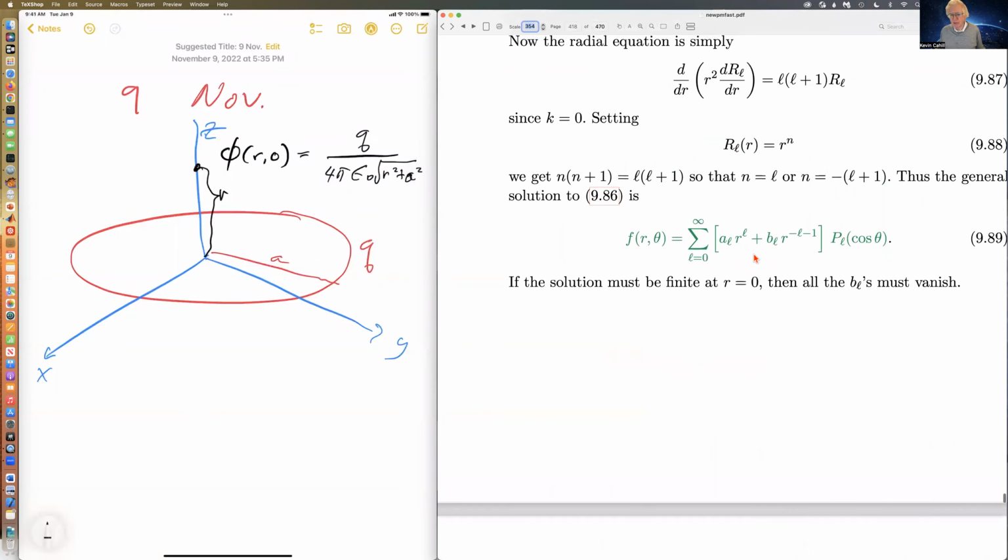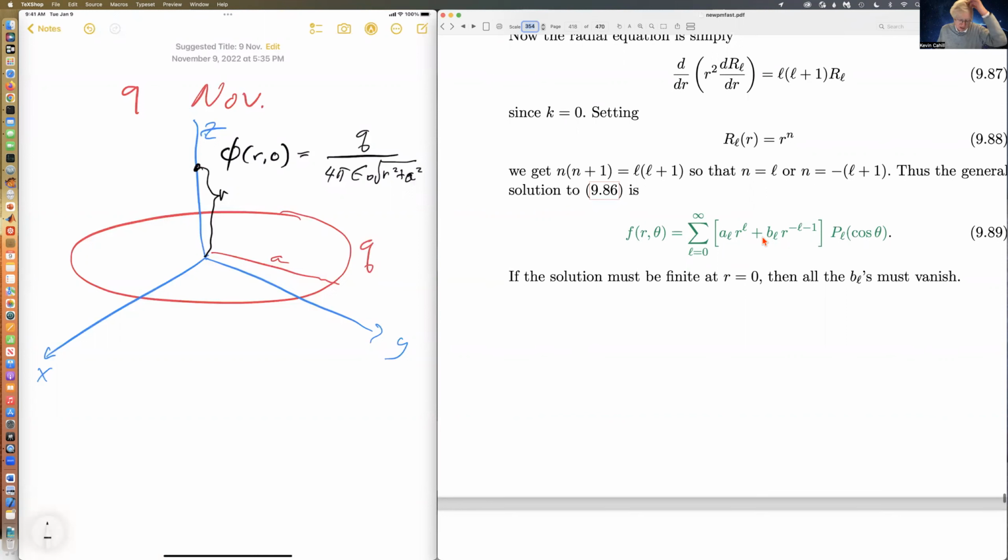Well, what we do is we go back to the general formula for an azimuthally symmetric system, and this is azimuthally symmetric because it's a circle in the XY plane, so there's no phi dependence. And the general expression then is here. Now, in the homework problem, you had to throw out all the BLs because they would diverge at r equals 0, and you were asked to find the potential for r less than a.